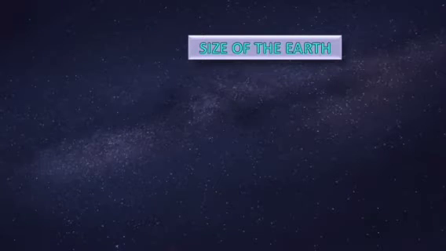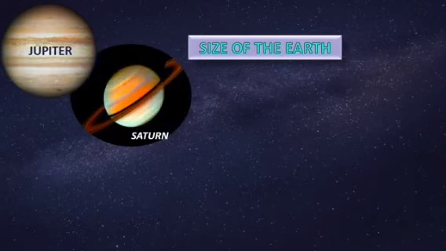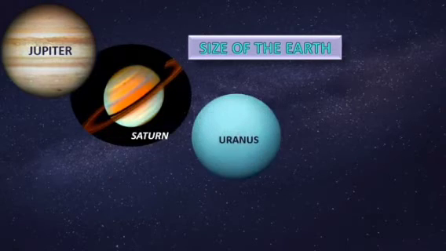Now, let us study the size of the Earth. Children, which is the largest planet in the solar system? Yes, it is Jupiter. After Jupiter, which is the second largest planet? It is Saturn. After Saturn, Uranus is the third largest planet.